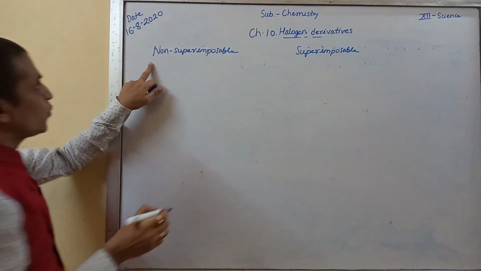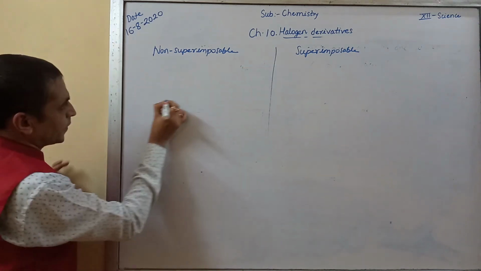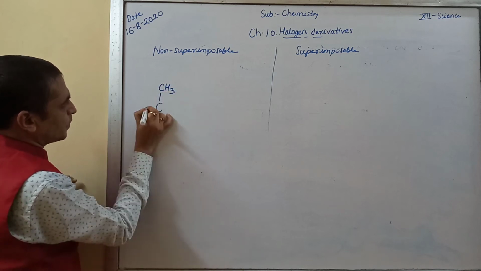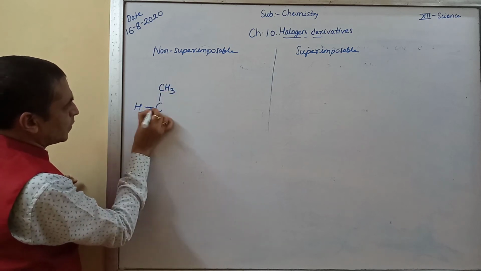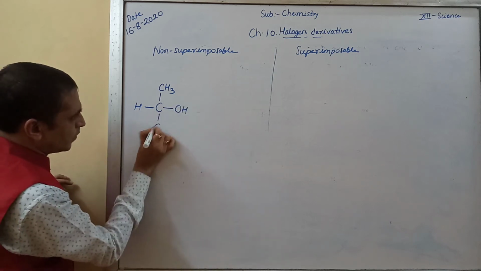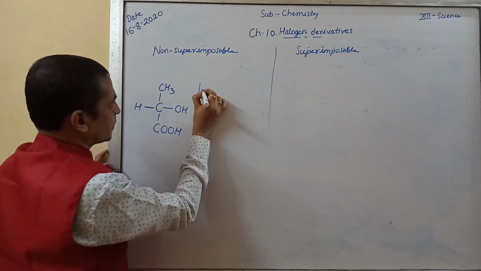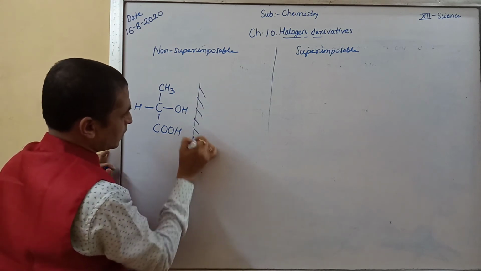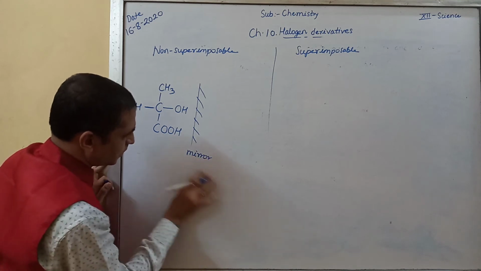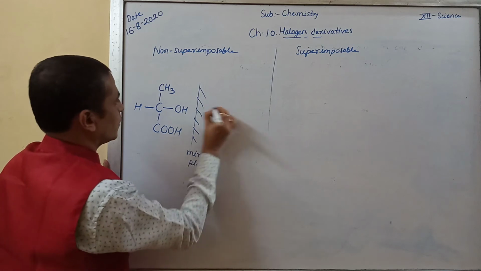We must know about what non-superimposable and superimposable are. Mirror plane. So what happens?